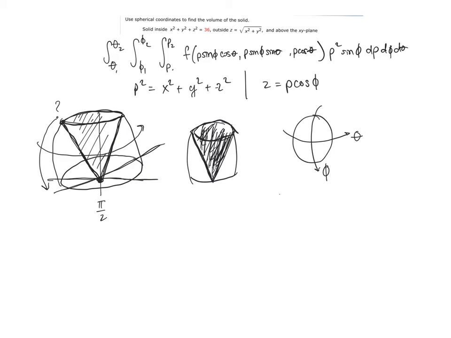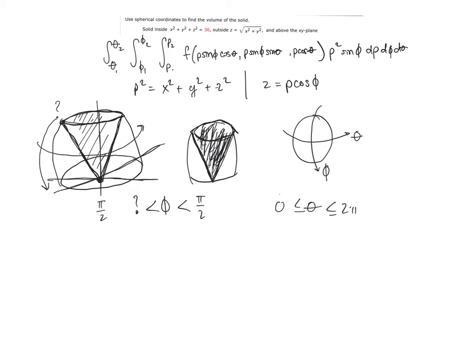So as you can tell, the phi will be somewhere between a question mark right here, which we don't know yet, and pi over 2, and your theta will be from 0 to 2 pi because it's making a full circle.